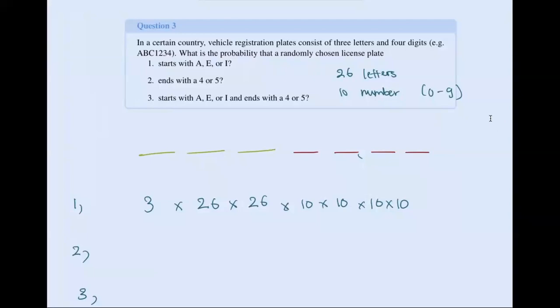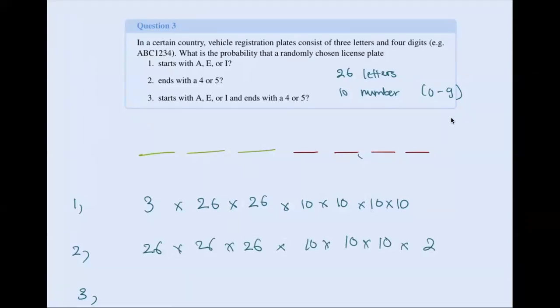So here you see how many choices there are for the first one. You have 26 because it can be any letter, right? Similarly for each of these, so I have 26 together 3 times. And then each of the digits here can be any number from 0 to 9, so it is 10 choices for each of them. And the last digit has to be 4 or 5, so there are 2 choices. So I just times 2.